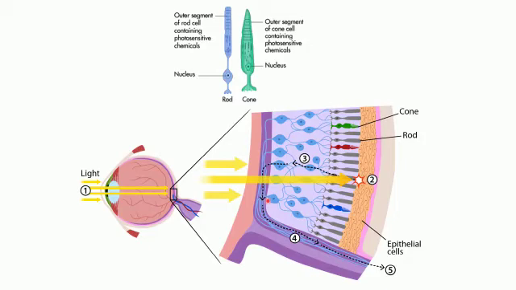For example, when red color falls on the eyes, the cells corresponding to red colored light get excited more than those corresponding to the other colors, and we get the sensation of red color. So this is all about the rod cells and the cone cells.